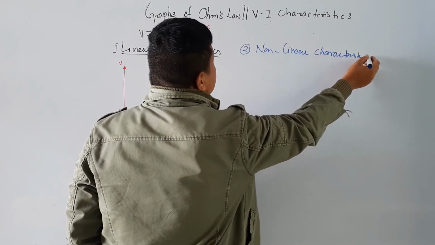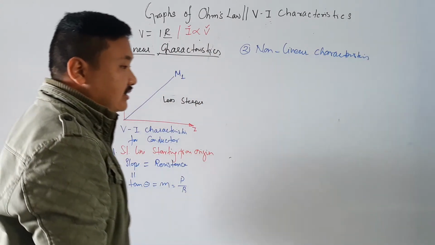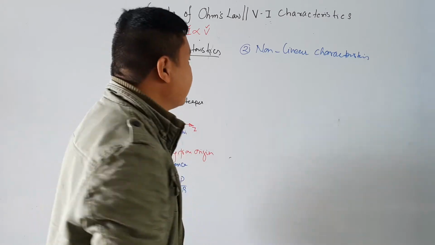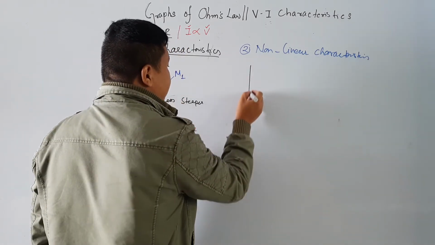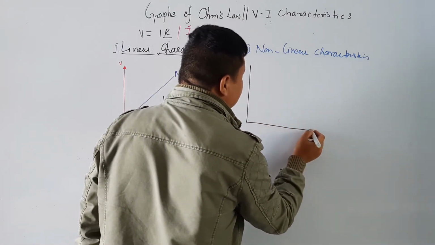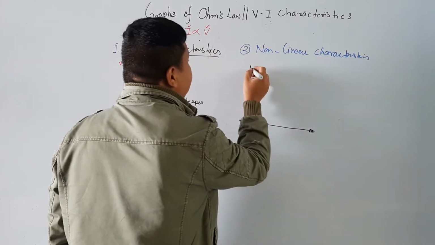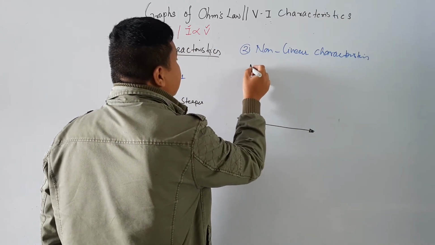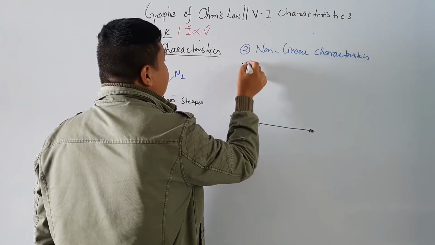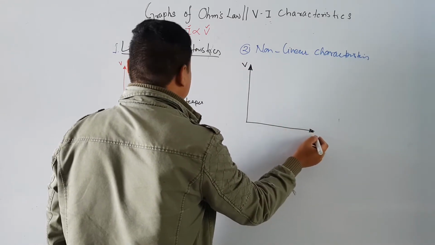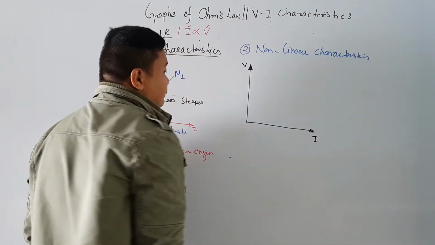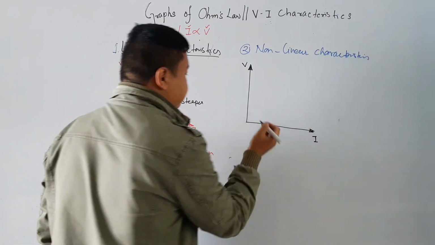Non-linear means the line is not a straight line. I will not go into the detailed part because this non-linear characteristic we are going to study in the last chapter, electronics or solid state physics. So it is something like this.